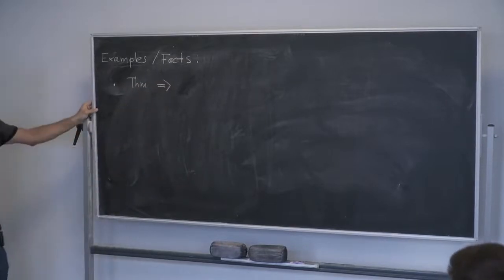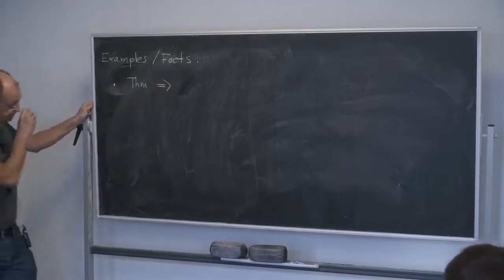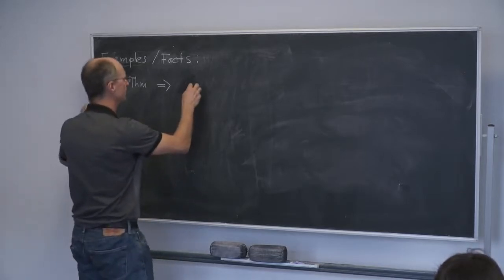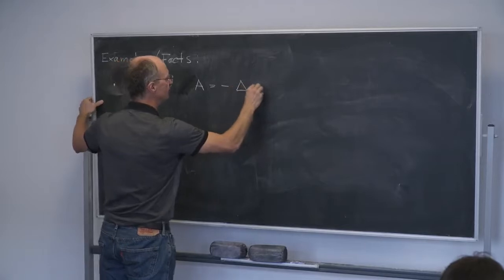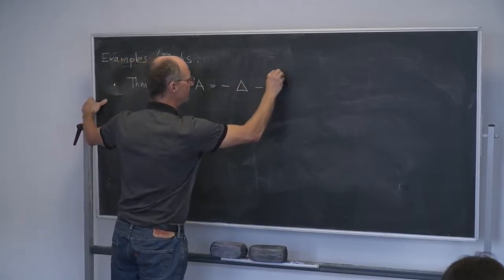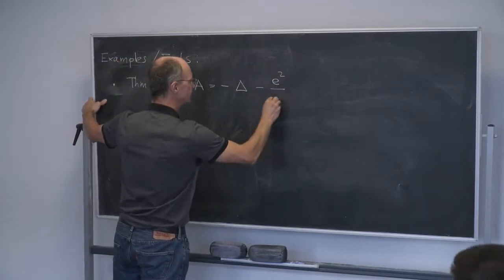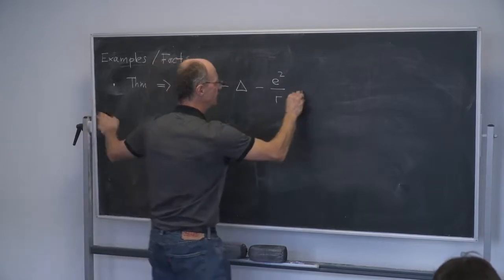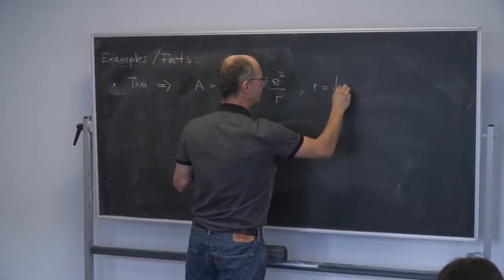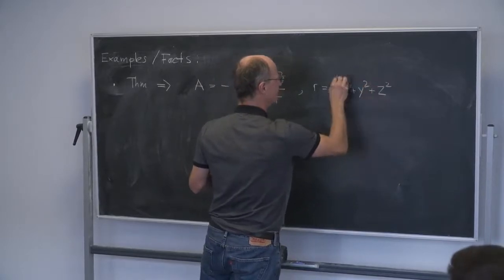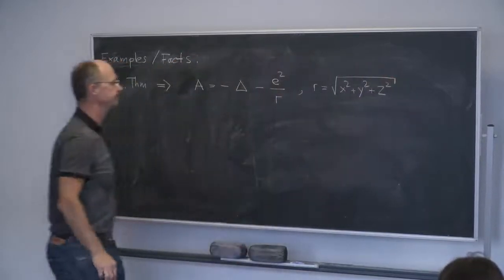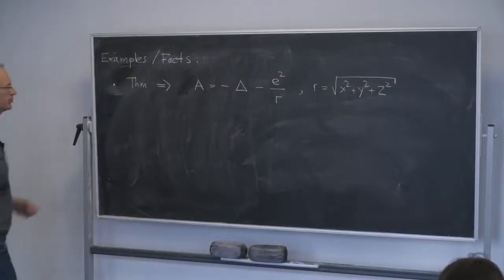So one remark is that the theorem implies the following. Let's take A to be minus Laplacian minus some positive coefficient divided by R, where R is the distance from the origin.